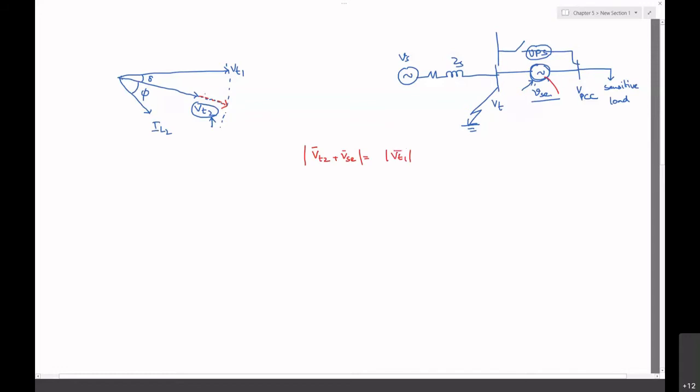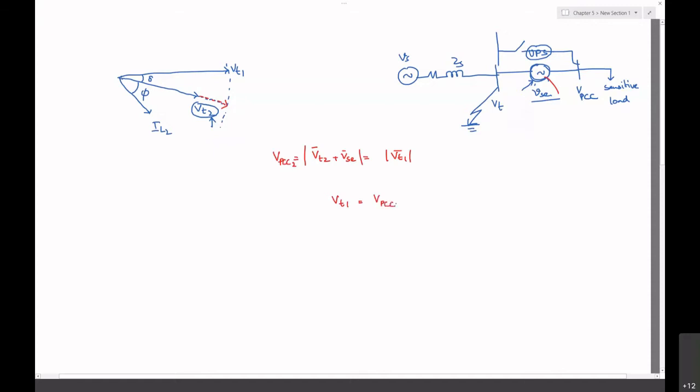Now the magnitude of the voltage at the point of common coupling increases. This voltage VT2 plus VSE is the voltage at the point of common coupling during the sag. In the case of the pre-sag voltage, VT1 is equivalent to the PCC voltage.